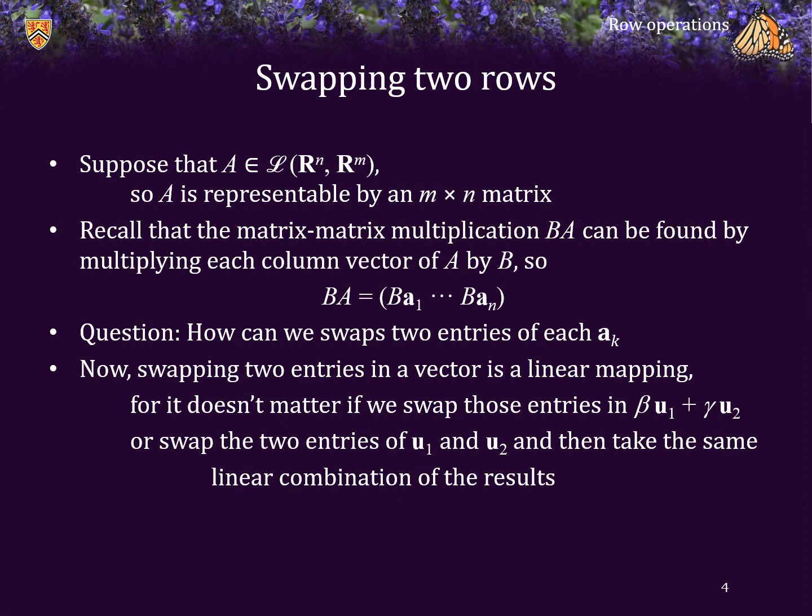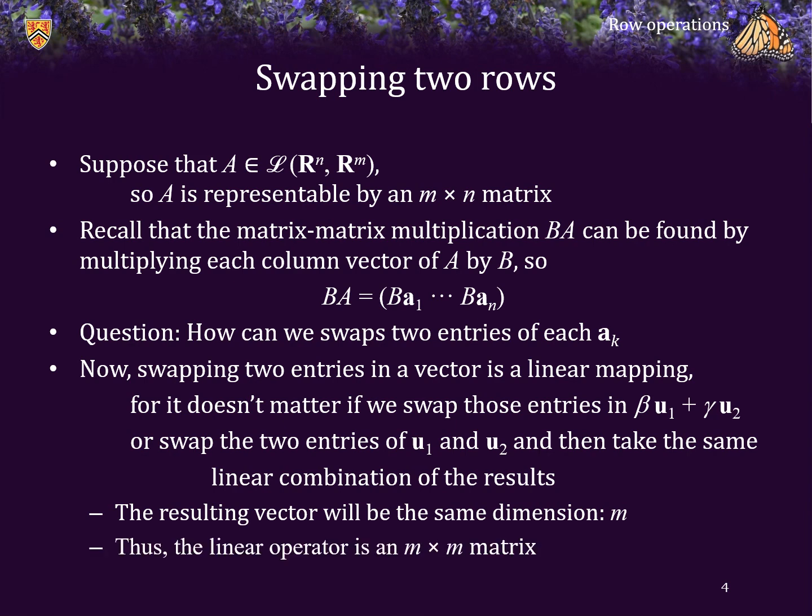So we're guaranteed that swapping two rows is a linear operation. Also, the resulting vector will be m-dimensional, so we require a linear operator. Thus, this linear operator is going to be an M by M matrix, as all of the column vectors of A are m-dimensional.